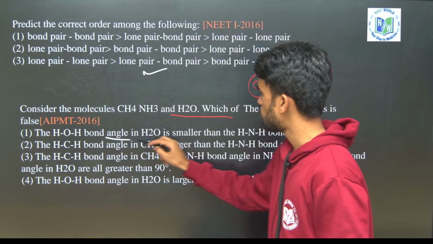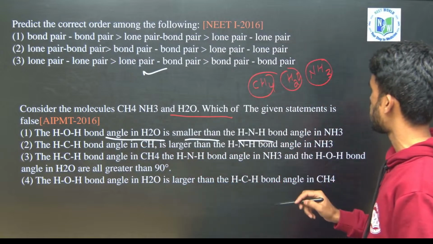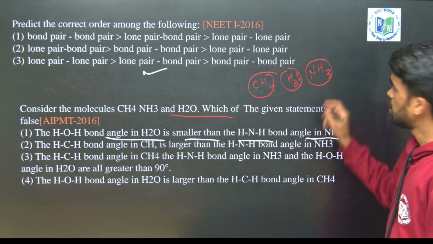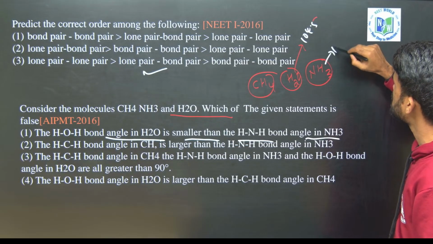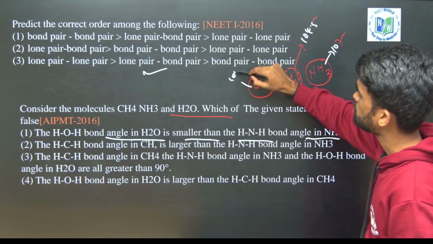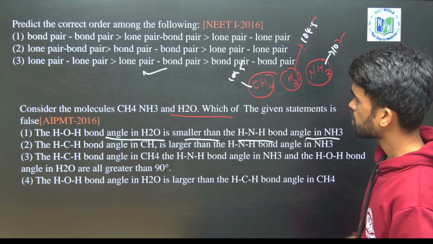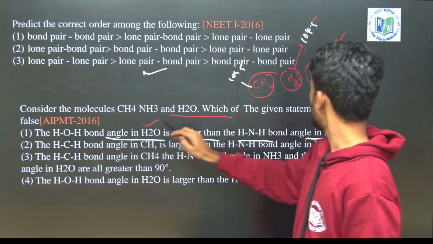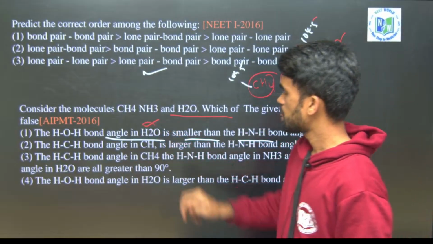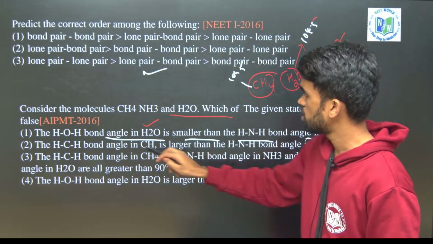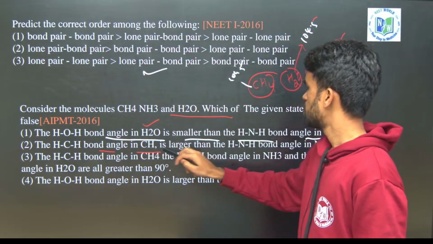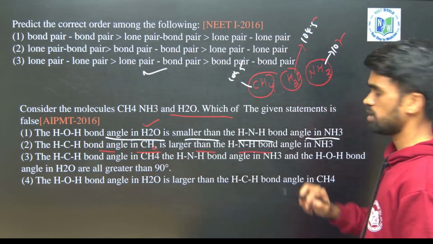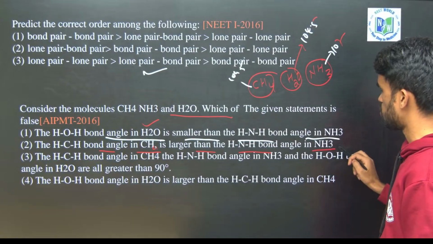The HOH bond angle in water is smaller than the NHN bond angle in ammonia. How much bond angle did I tell you? 104.5 here, 107 here, 109.5 here. So as per this, this is correct. The HCH bond angle in methane is larger than the NHN bond angle in ammonia. This is also correct.